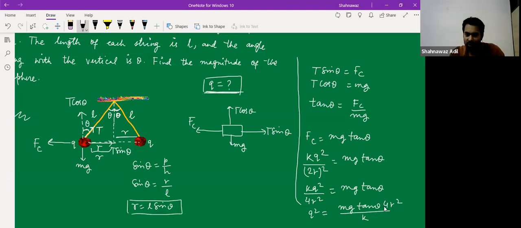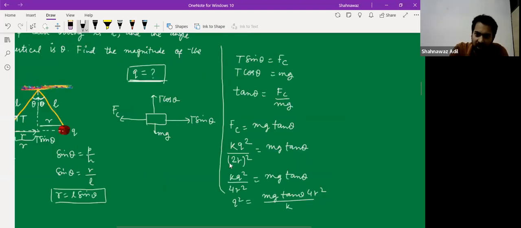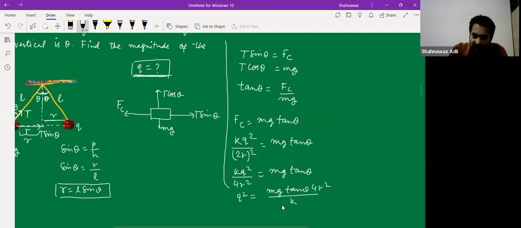So this would be how much? Here k is 1 by 4 pi epsilon naught. So q square is 4 pi epsilon naught mg tan theta and 4 L square sine square theta.